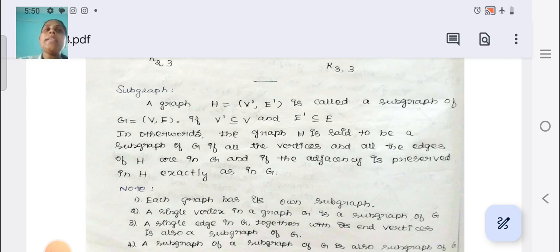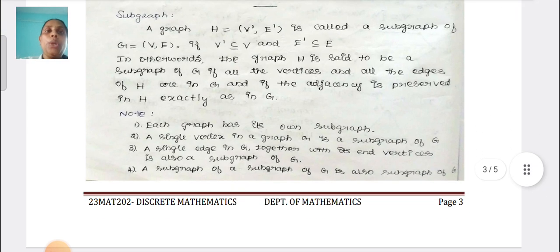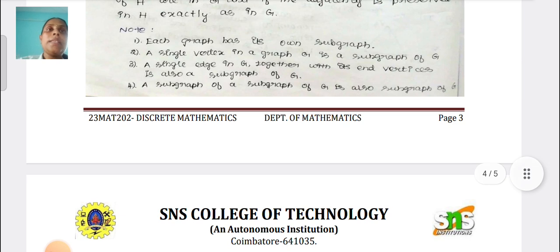In other words, the graph H is said to be a subgraph of G if all the vertices and all the edges of H are in G, and adjacency is preserved in H exactly as in G. Note, each graph is a subgraph of itself. A single vertex in a graph G is a subgraph of G.